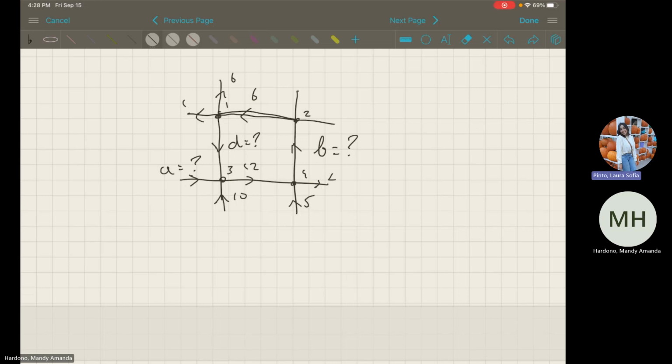B is another question. 7 leaving there, and C up here. So what would the first step be? How to solve this? I know it's a bunch of numbers. So I hope you guys can follow it.